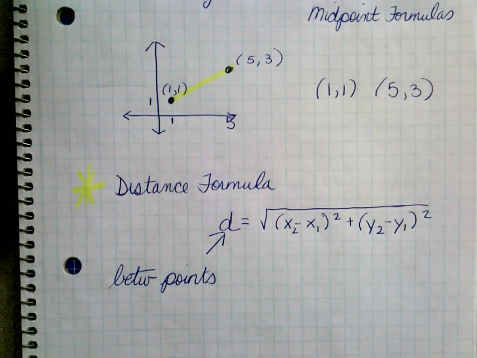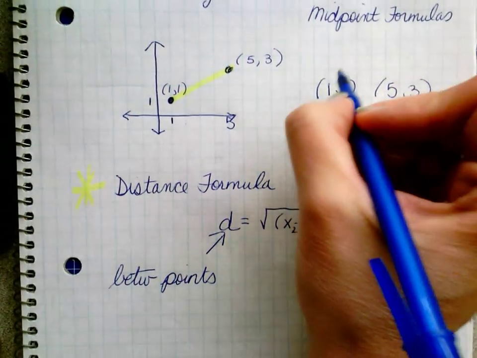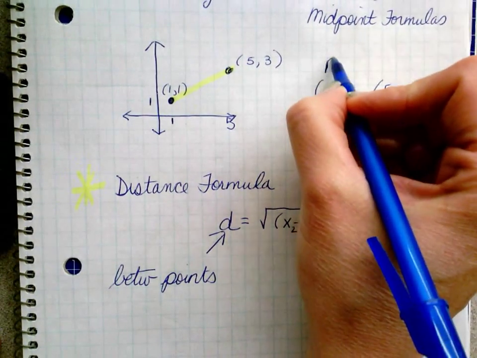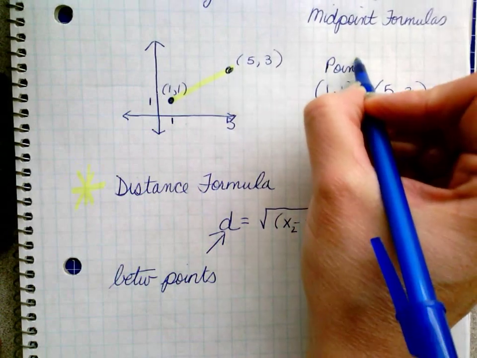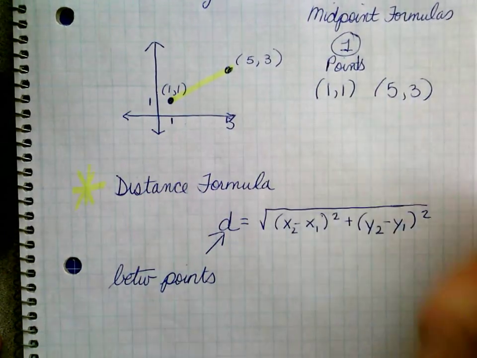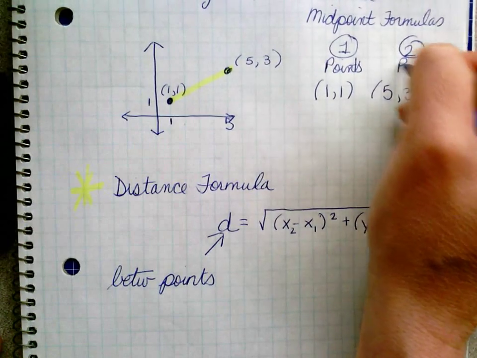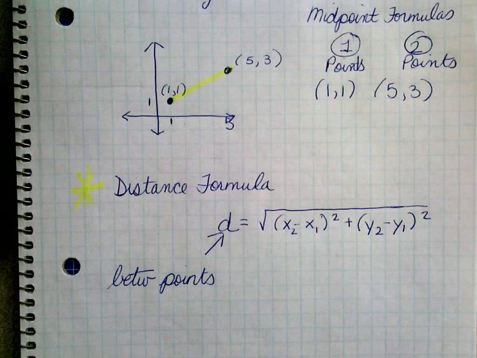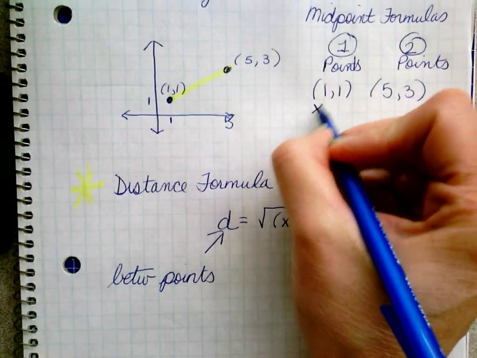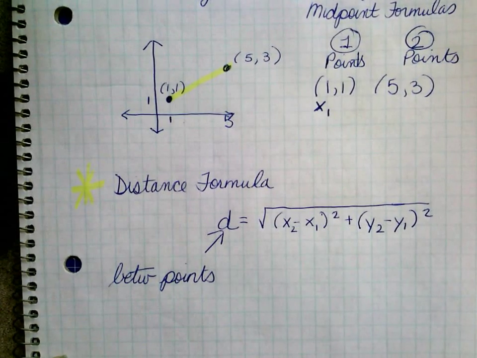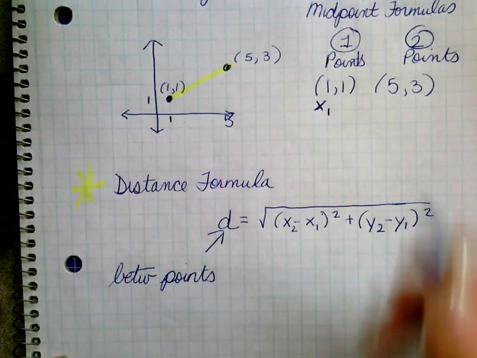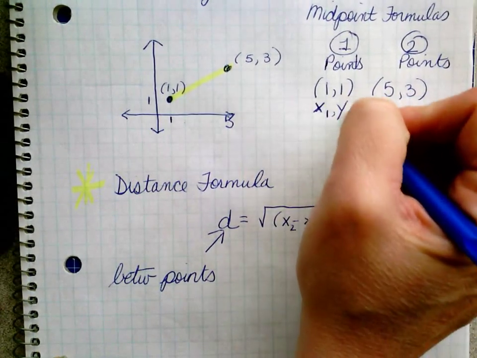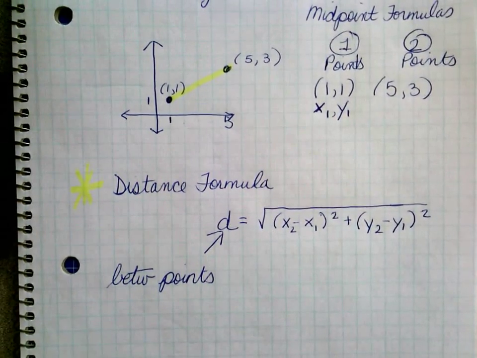If you want to call this the first coordinate pair, and this one the second coordinate pair, thereby being the second set of points, then when you are finding the distance between the two, this is defined as the first x point, also stated x sub 1, and the one next to it is the first y point, also known as y sub 1.